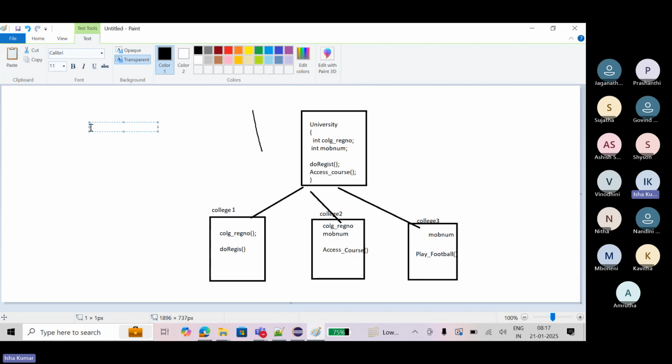It's a process of acquiring commonly used behavior and properties from the parent. So that is called inheritance. I will write this definition again, but just to make you understand, we have done this.